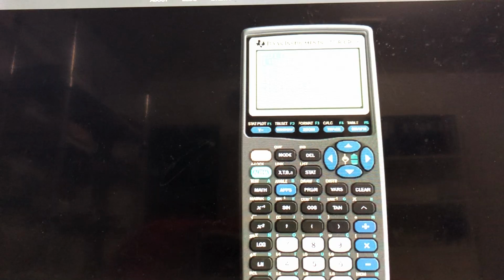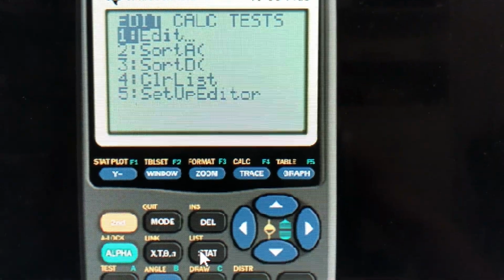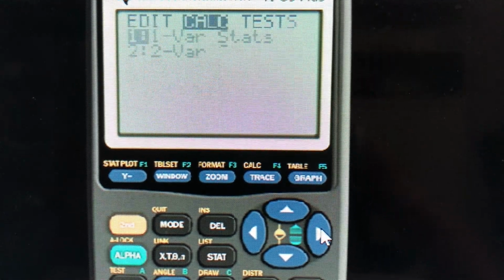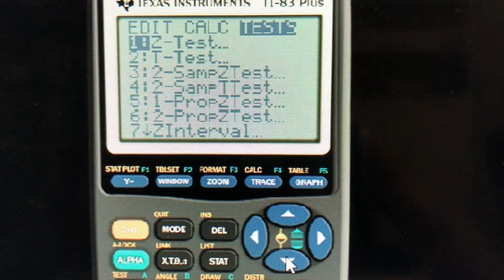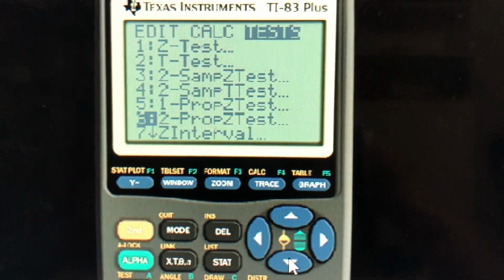So because we have sample standard deviations, this is stat. Press stat, go over to tests. The first 6 are all for when you're doing hypothesis tests when they have the 5-step process.